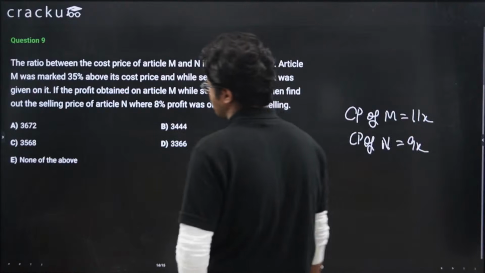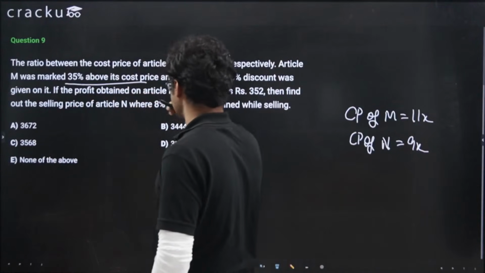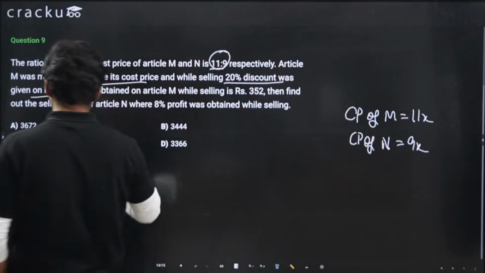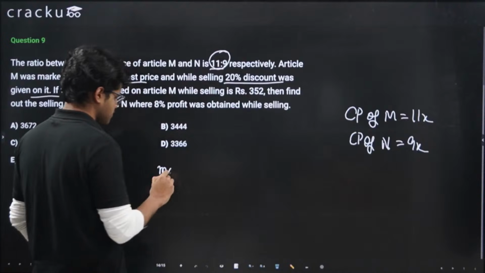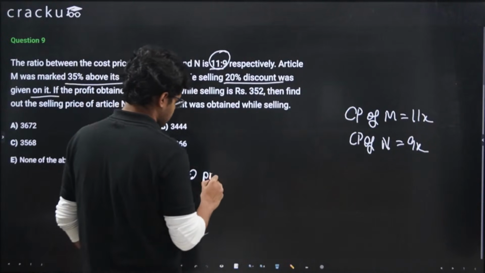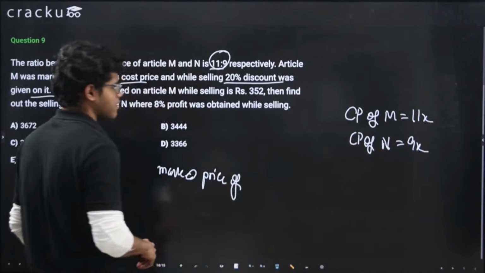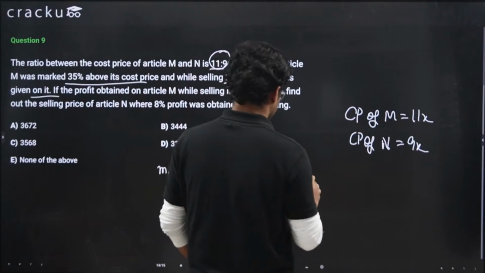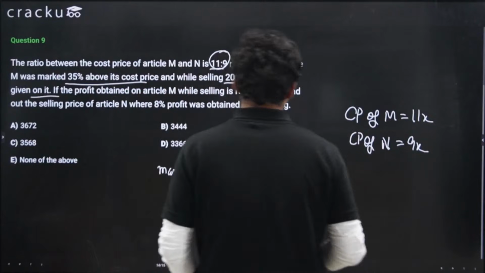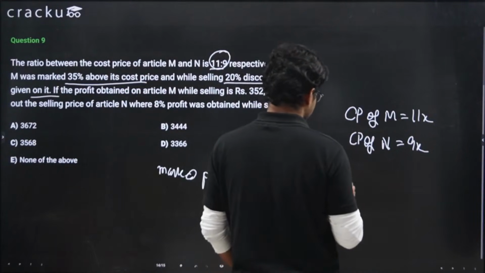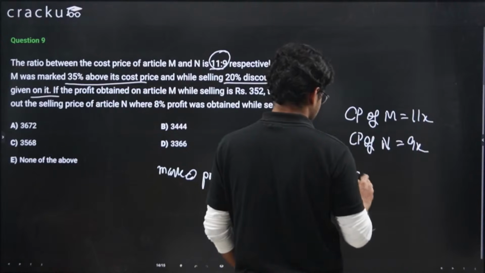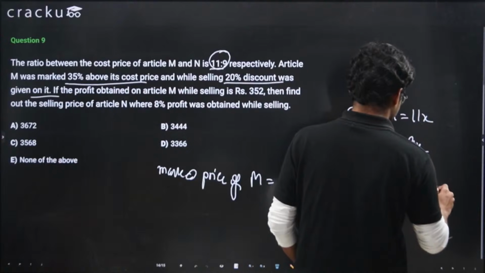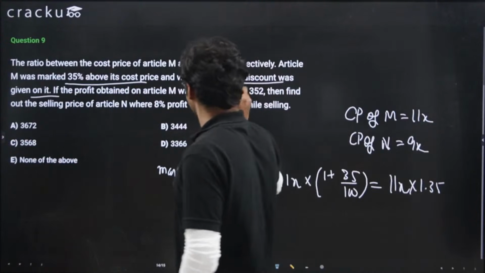Now it is given article M was marked 35% above cost price and on selling 20% discount was given. What is the mark price? The mark price of M is 11x into 1 plus 35 by 100. Now after this, I am giving 20% discount.